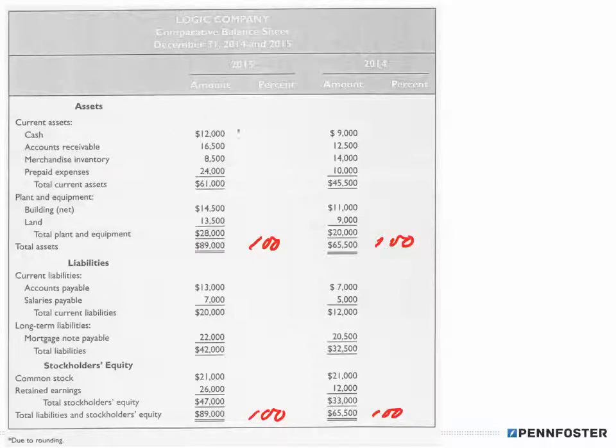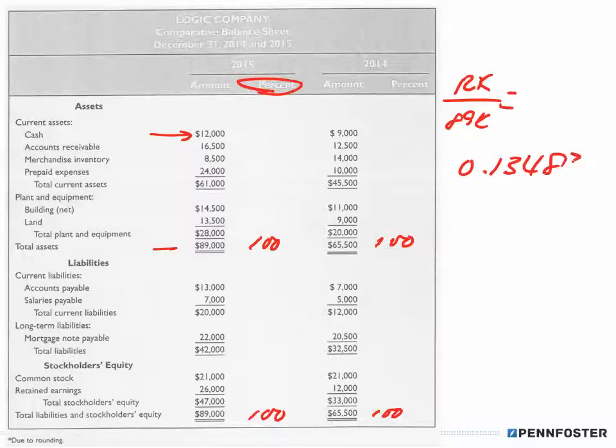When we're looking at cash and we want to know what our cash percentage is, we're going to take our 12,000 and divide it by our base of 89,000. When we divide, we end up with 0.13483, and we're rounding to the nearest hundredth of a percent.